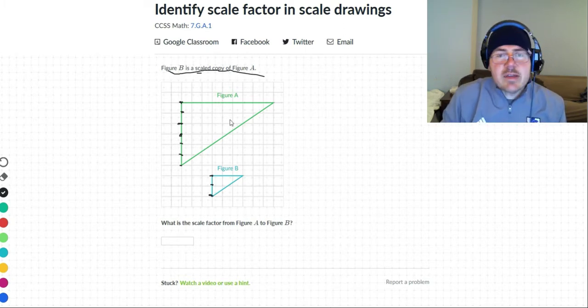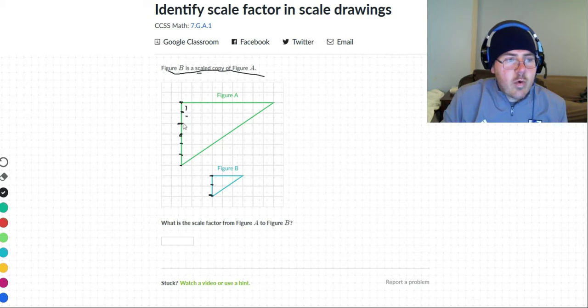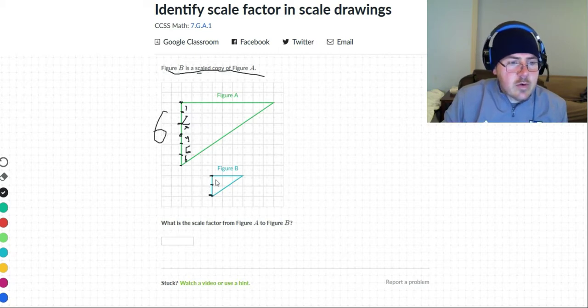So just pick a side. The distance here is 1, 2, 3, 4, 5, 6. So that's 6 units for figure A, compared to 2 units for figure B.